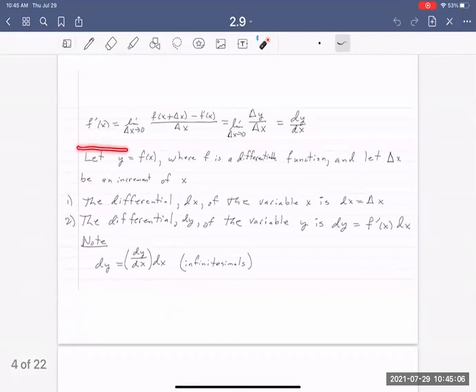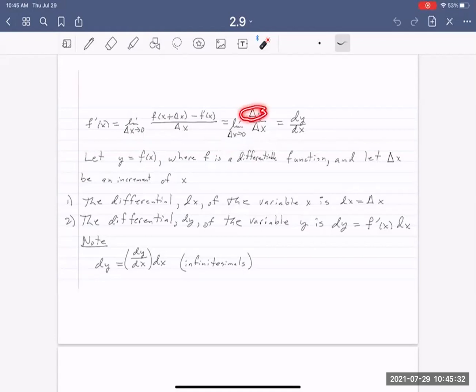The derivative f prime at x is equal to the limit as delta x approaches 0 of f of x plus delta x minus f of x over delta x. That is the limit as delta x approaches 0 of delta y over delta x.